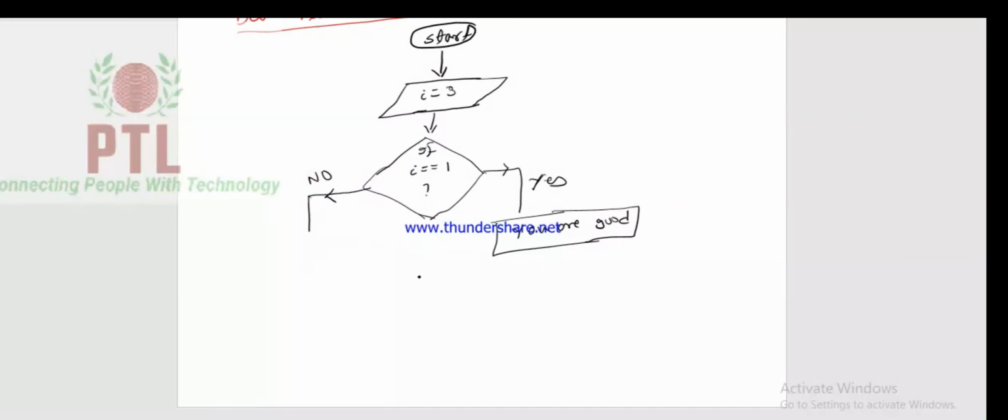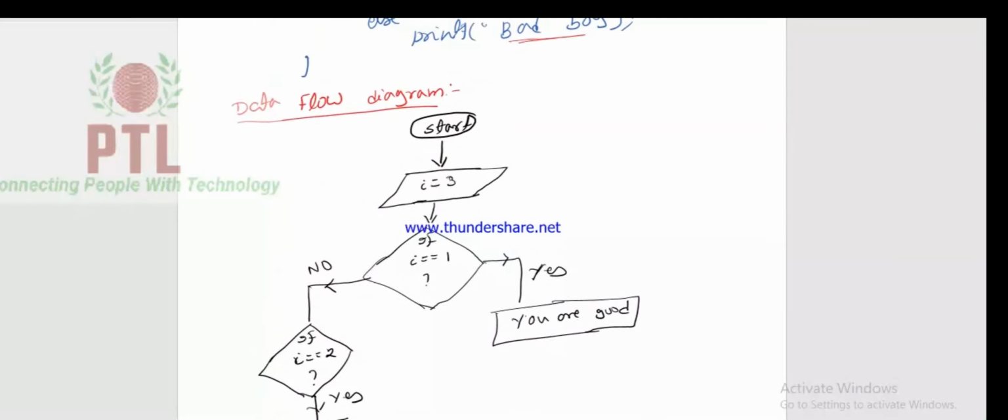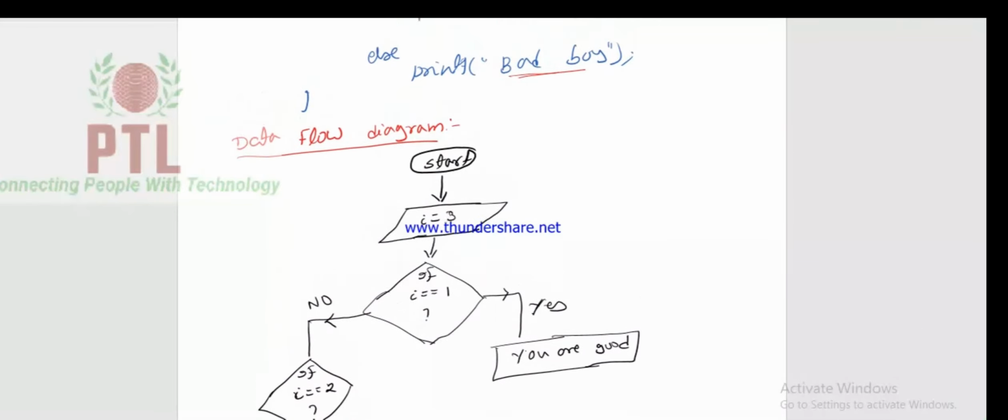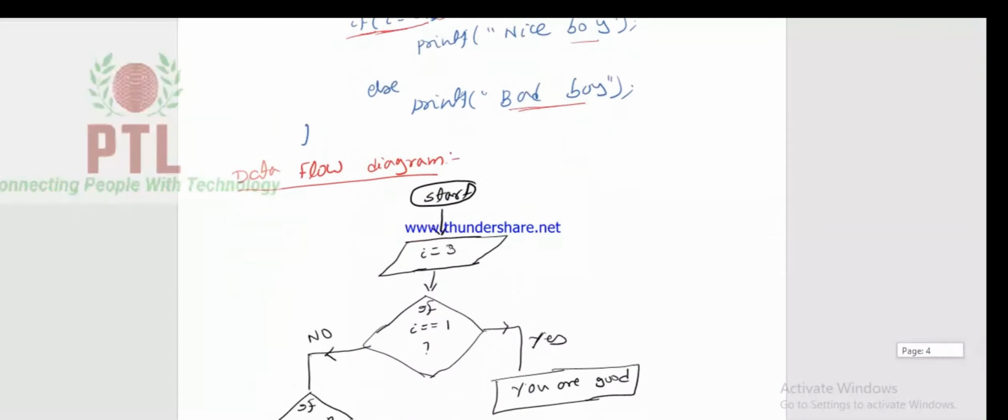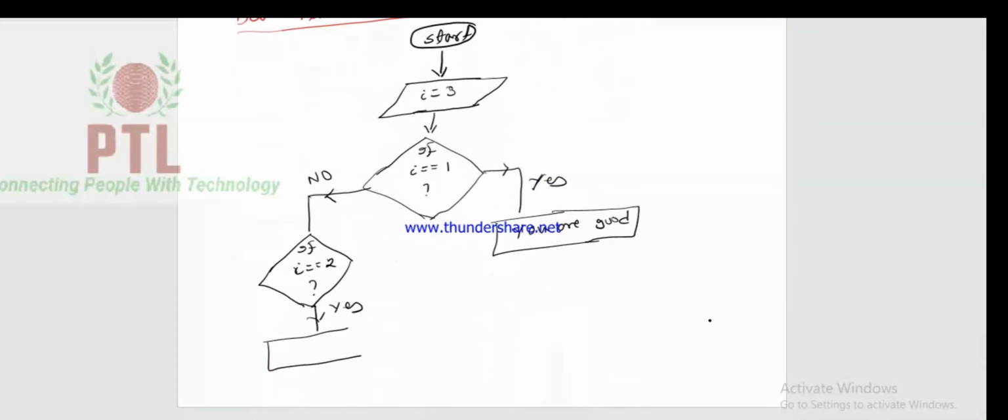If no, I mean this is not a valid case, then again we'll check if i equals to 2. If yes, we'll print one message. What was that? Nice boy.